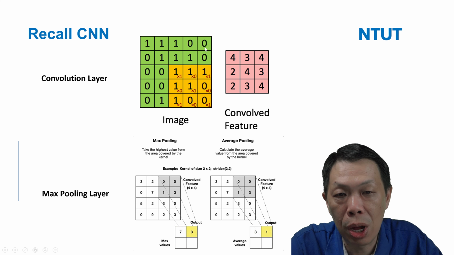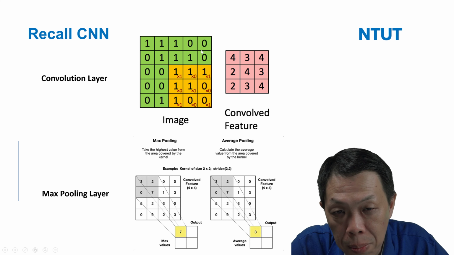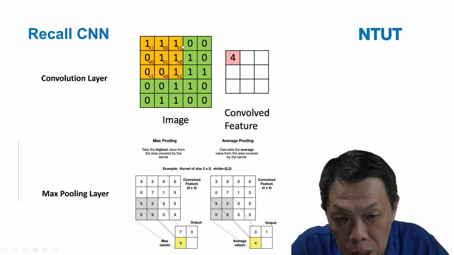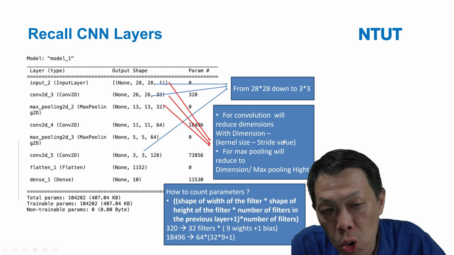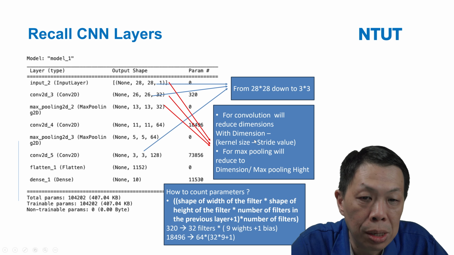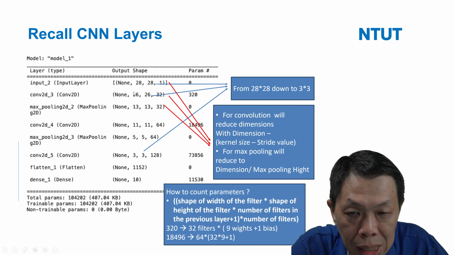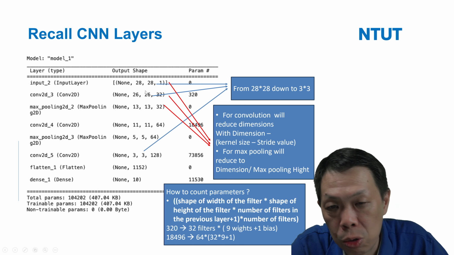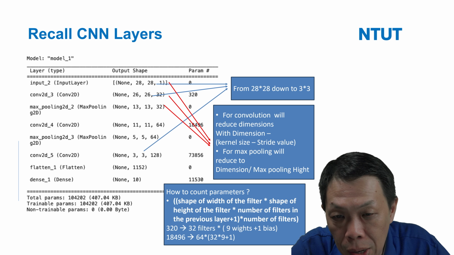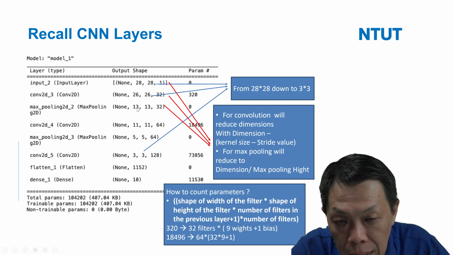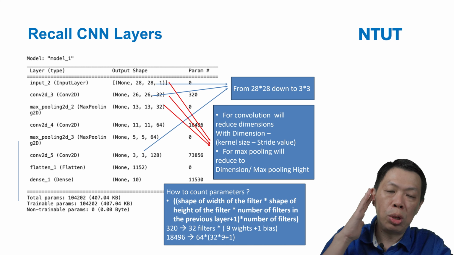So it should minus the stride value, and 28 becomes 26. That's how the convolution reduces the dimension. Another example is from 23 becoming 11.